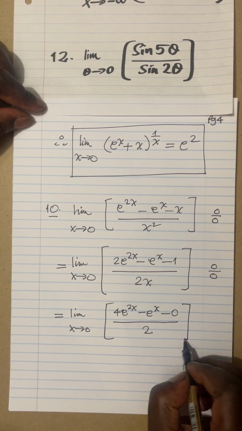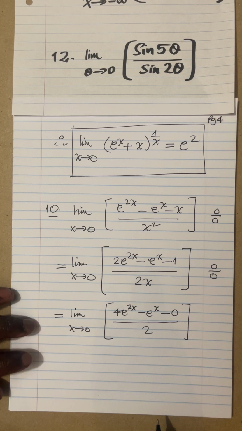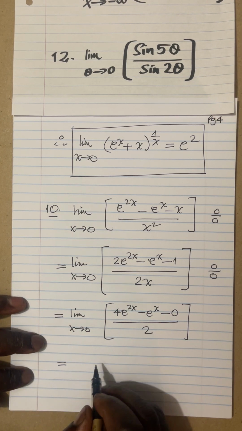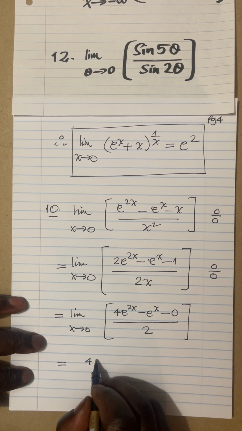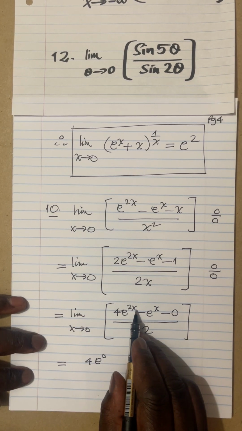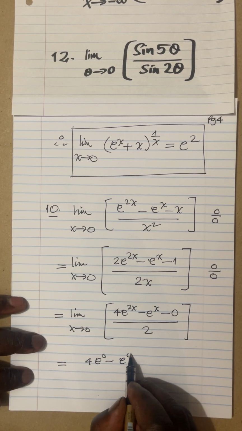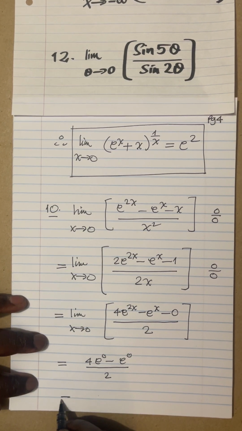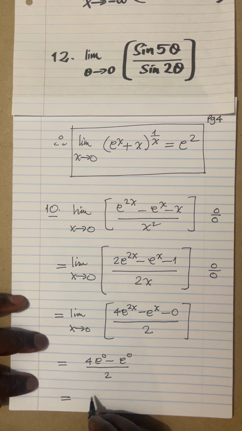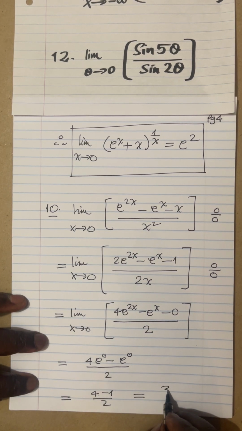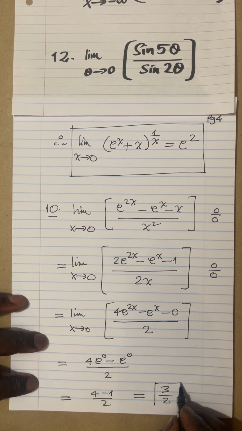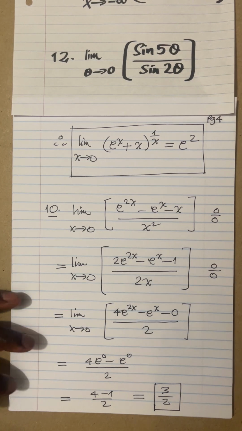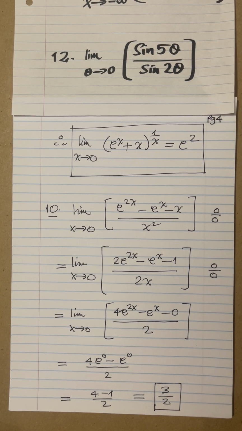Now, plugging in 0 in the place of x, you'll notice that this simplifies to 4 e to the power 0, because 2 times 0 is 0, minus e to the power 0, and then 0, we can ignore that, all over 2. And this simplifies to 4 minus 1 all over 2, and our final answer is 3 all over 2. That's our final answer to question number 10 or limit number 10.